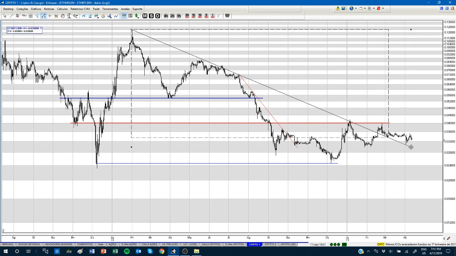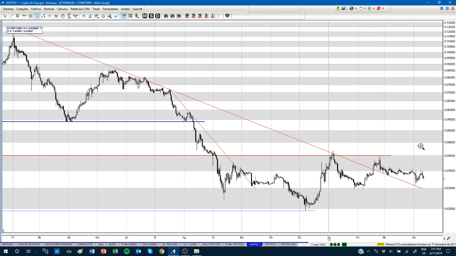I think it's right here. So maybe Ethereum is ready to start moving up, right? It was apparently flagging down here on testing this 0.03. Let's wait and see. Maybe we can draw this line here. It comes from up here, look.